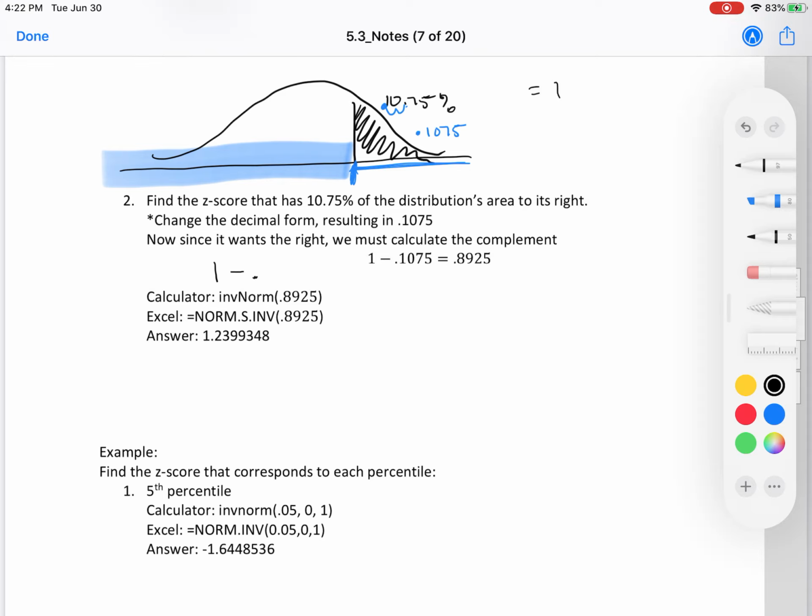So 1 minus 0.1075, and that gives us 0.8925. You enter that in your calculator, and that's the percent that corresponds from here to 0, which is the same as saying the right 10.75%. So we enter our command with our probability, and our answer is our z-score, meaning we have a z-score of 1.23 or 24.